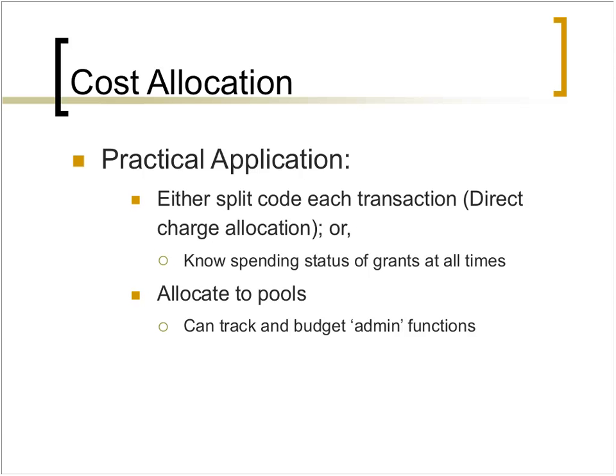Also, if something happens and there is a last-minute adjustment that needs to get made, if you have to undo all your closeouts from your pools and then reallocate, that can be time-consuming and can cause significant frustration for your poor accounting department. So those are just things to watch out for.